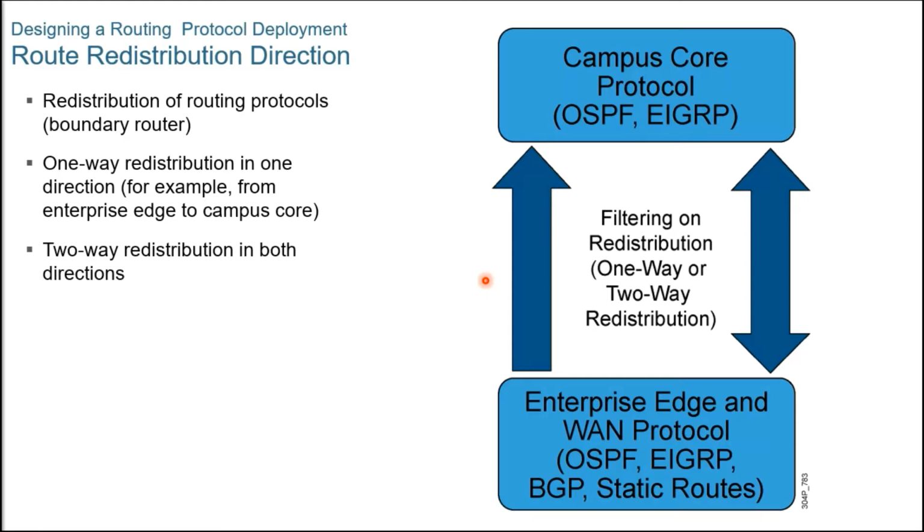So static or default routes are required in the opposite direction to provide connectivity. Now, for the two-way route redistribution, routing information is distributed from one routing protocol or domain to another, and vice versa. So static or default routes are not required because all routing information is passed between two entities.